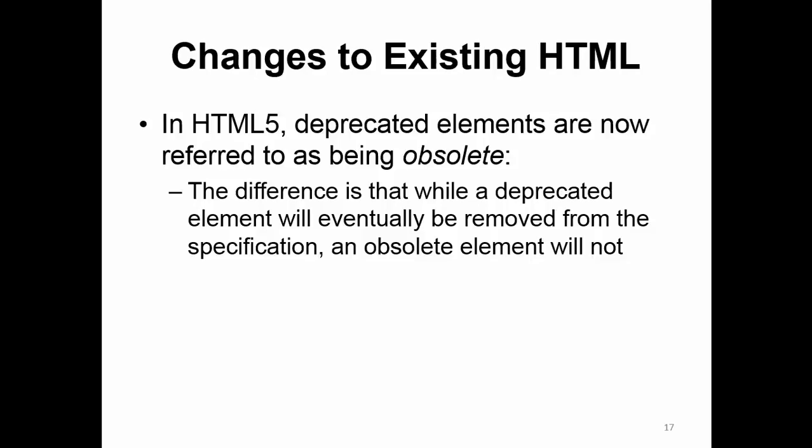Deprecated elements, as it said, are now being referred to as obsolete. I have to get used to that word because for so many years I've been used to saying that they're deprecated. All right, it says the difference is while a deprecated element will eventually be removed, an obsolete element will not be removed. So in other words, they'll still be there, but even though they're there, you're not supposed to use them.